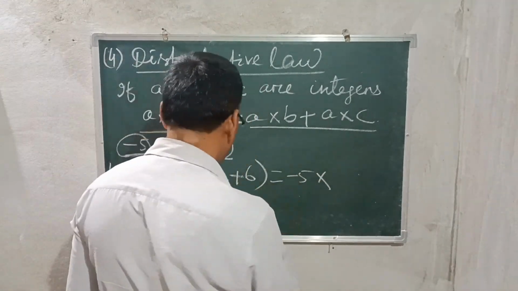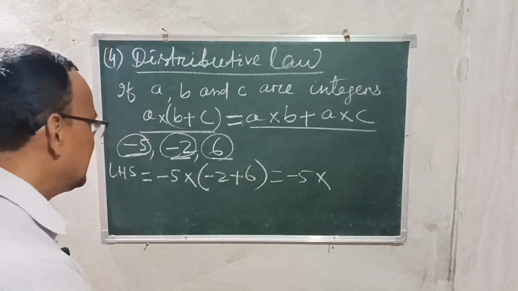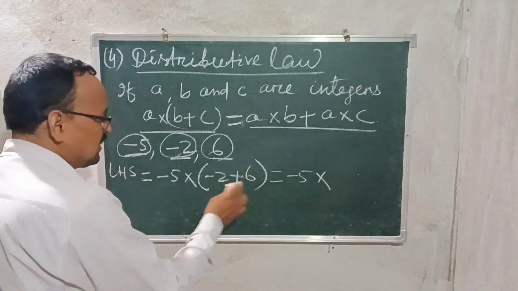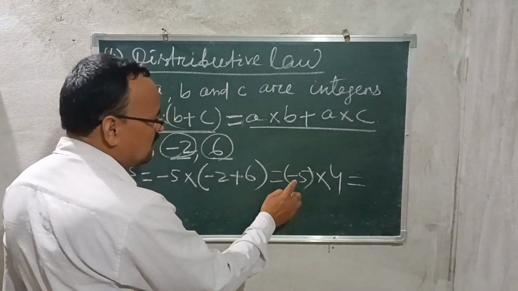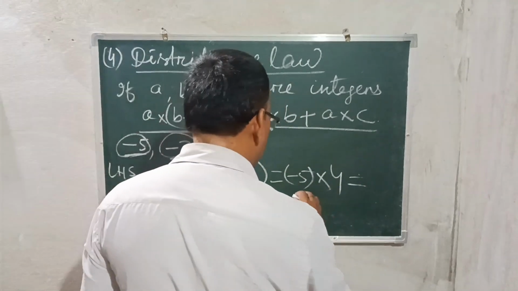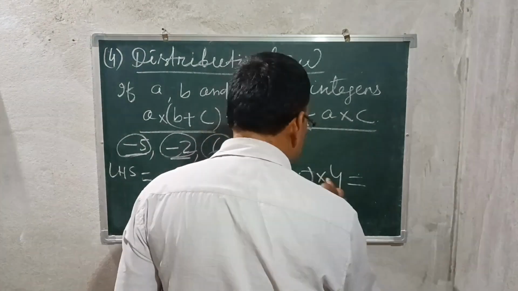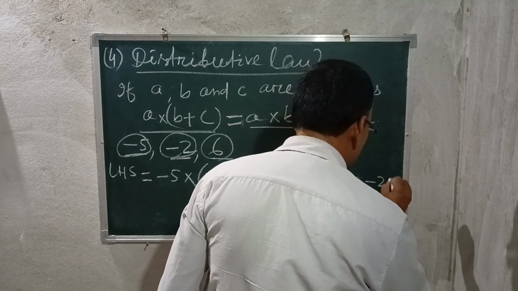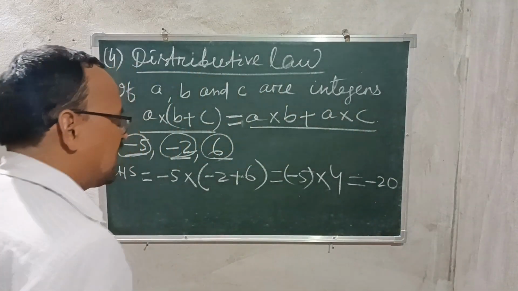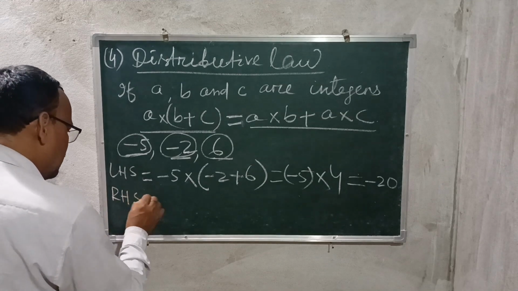Minus 2 plus 6, they are addition, and that is 4. And that is equal to minus 5 and 4 product, according to the law of multiplication, minus and plus unlike sign, that is minus. 5 4s are 20, so minus 20.